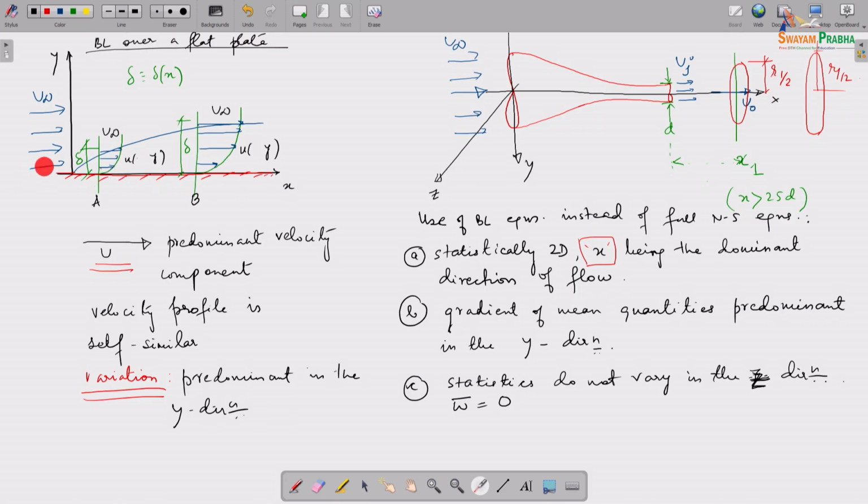The incoming velocity was u infinity, and it becomes 0 at the wall, at the plate, then slowly increases with a profile and reaches u infinity. So this total height over which this entire gradient is happening is your boundary layer thickness.